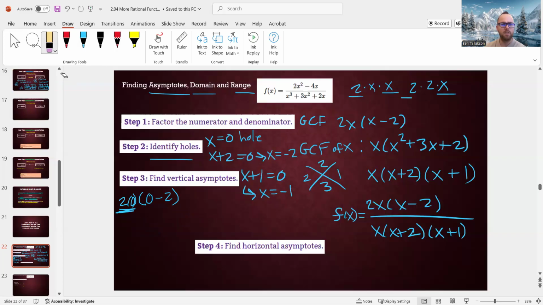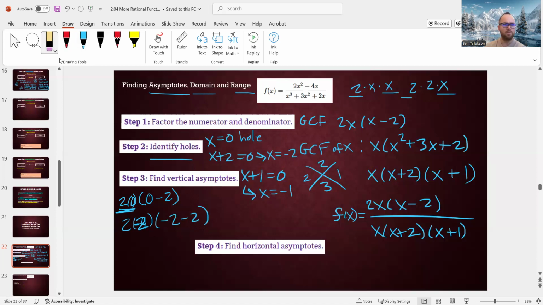Let's just double check everything here. Here we got the x value of negative 2. If I plug that in here, I'd get 2 times negative 2, and that all times negative 2 minus 2. There it is.